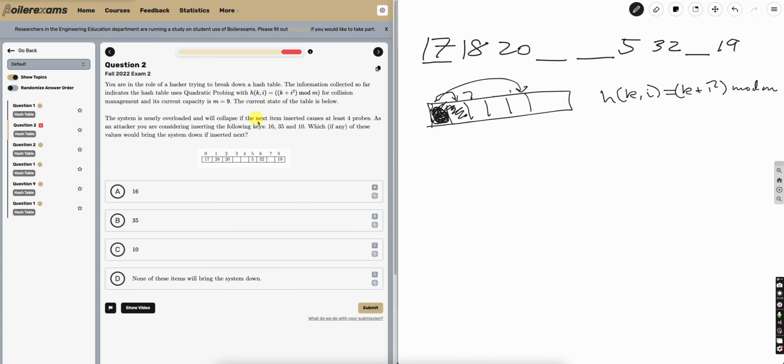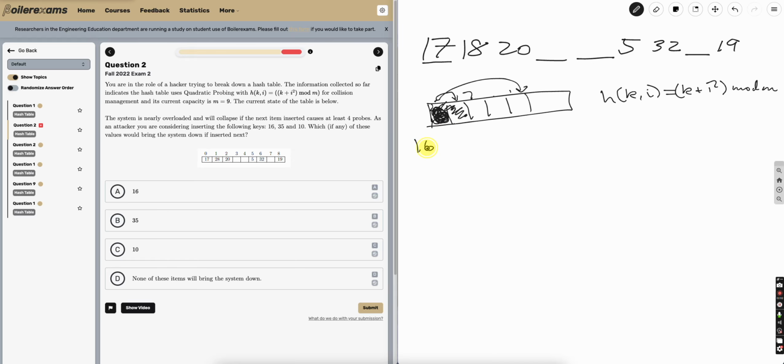Here we are given this top sequence, and we are trying to figure out which of 16, 35, and 10 would bring the system down, so basically causing at least 4 probes. There are 2 ways actually. The first way is brute force.